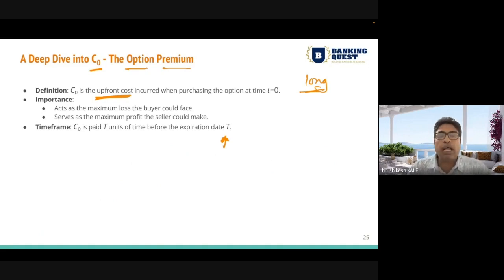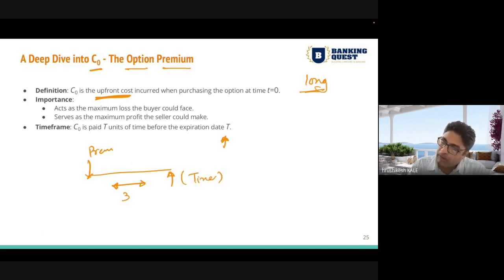If you look from a time value point of view, we are incurring C0 here, that is, we are paying the premium here, and we are receiving money after 3 months, 5 months, or whatever is the period of the option. So time value should be considered.